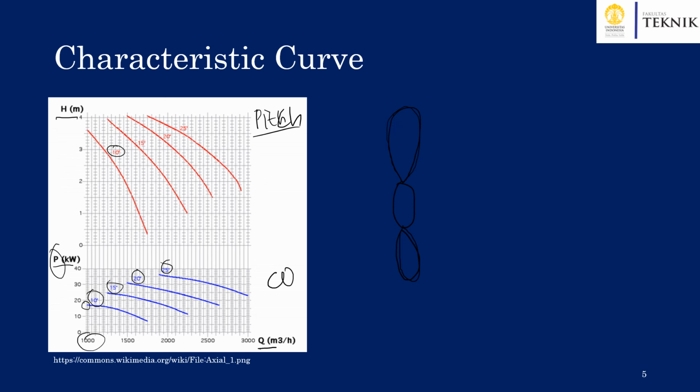We can attribute this to the head energy equation, where E is equal to U multiplied by U minus CA times the cotangent of beta 2 at the outlet, divided by gravity.